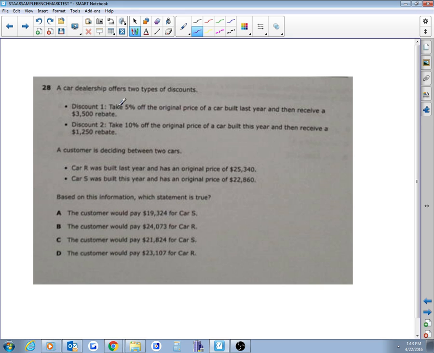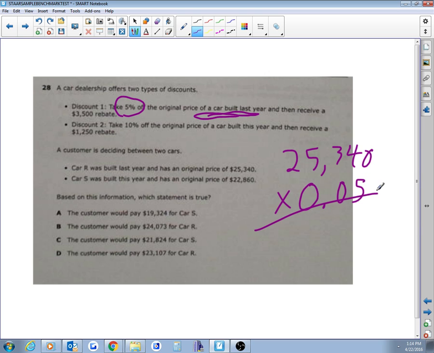Okay, well let's start with the car that was built last year. The price was $25,340. Built last year would be this discount right here. So we're going to take 5% off, so we have to find 5%, 0.05, of 25,340.